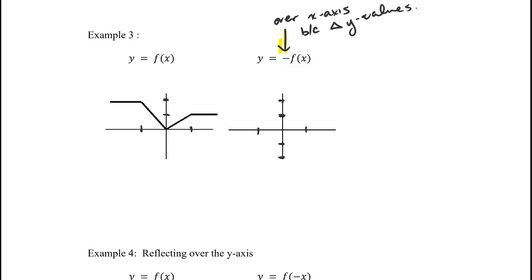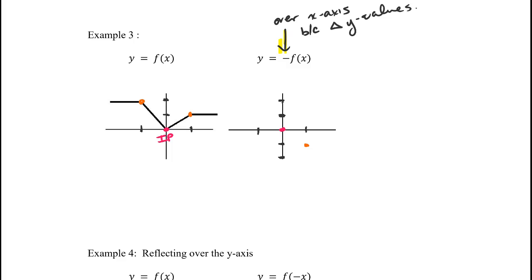And then again, remembering this point right here is what we're going to call an IP, an invariant point. So I'm going to put it in exactly the same spot. From there, I'm going to choose some other critical points that define it. So if this was at +1 and +1, I'm going to go to +1, but my output will be -1 instead.